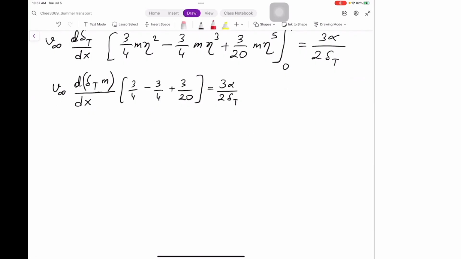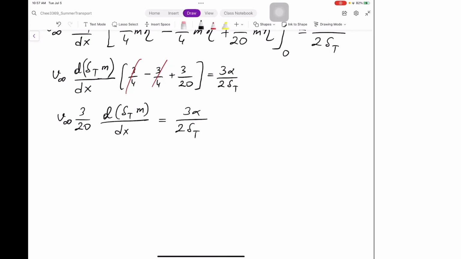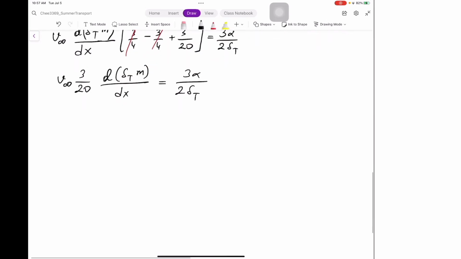Okay, so these cancel. What do you get? V infinity 3 over 20 d delta t m over dx is equal to 3 alpha over 2 delta t, right?